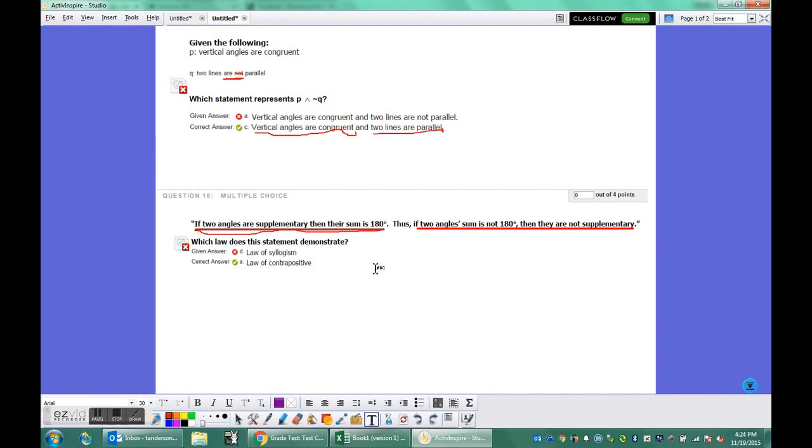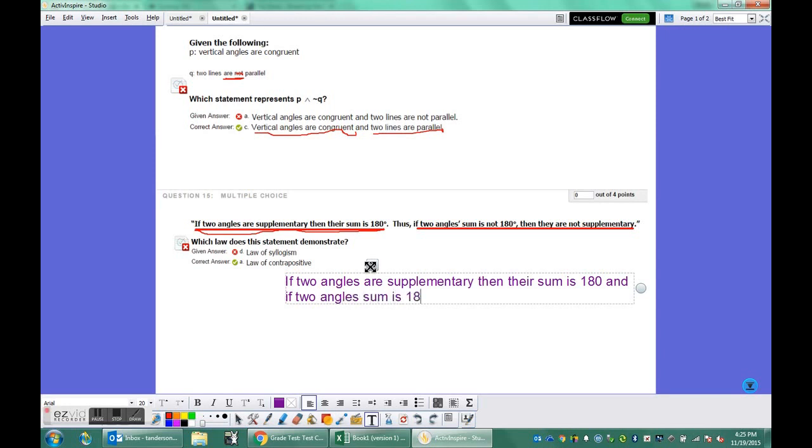Why it is not law of syllogism. If I had law of syllogism, it would have had to be something like this. If two angles are supplementary, then their sum is 180. They would have also had to say something like, and if two angles sum is 180, then something else.